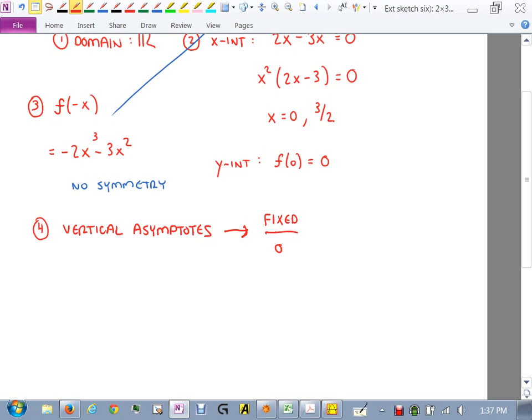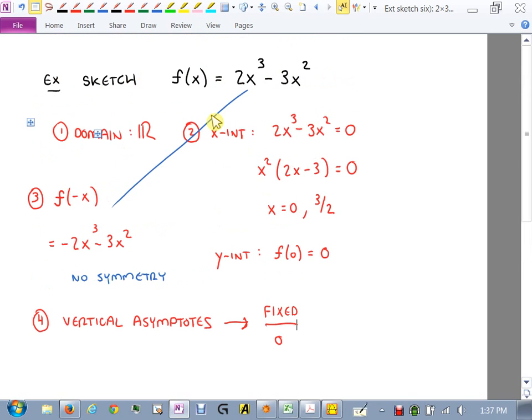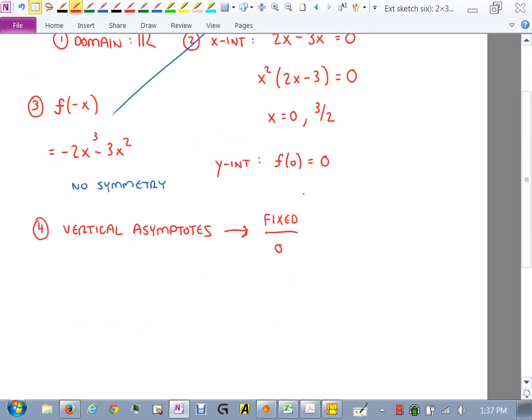Remember when we were doing limits and we said we had fixed over 0 that went to infinity or negative infinity? So where a function would go like this, you know? Do we even have division anywhere in here? No. So, nope. I'll put NA for not applicable. Doesn't apply. It's a polynomial, right? So no worries there. How about horizontal asymptotes?